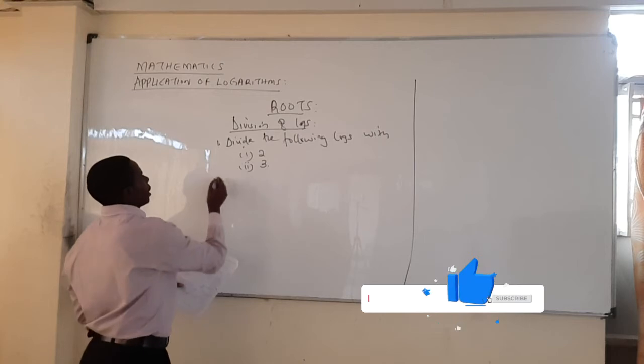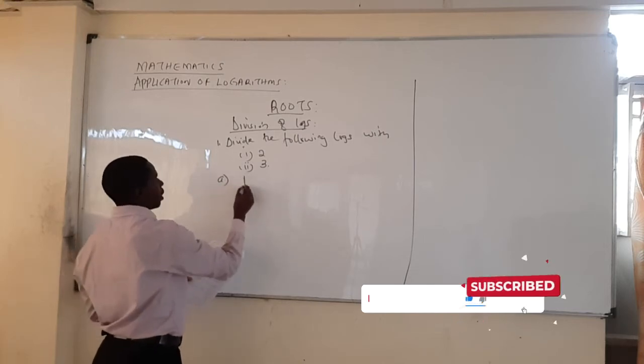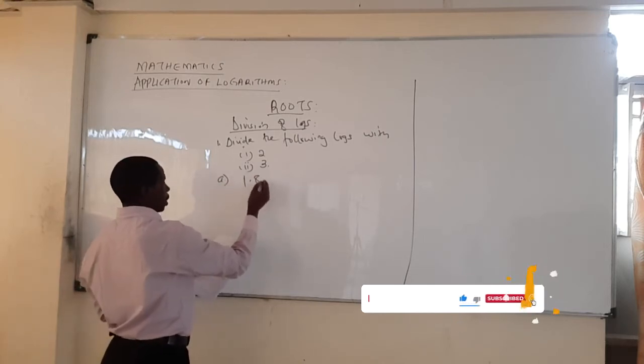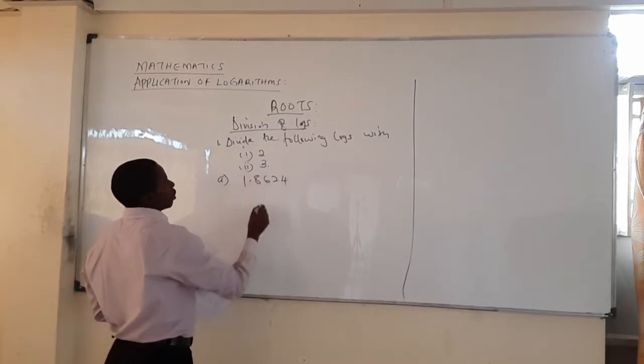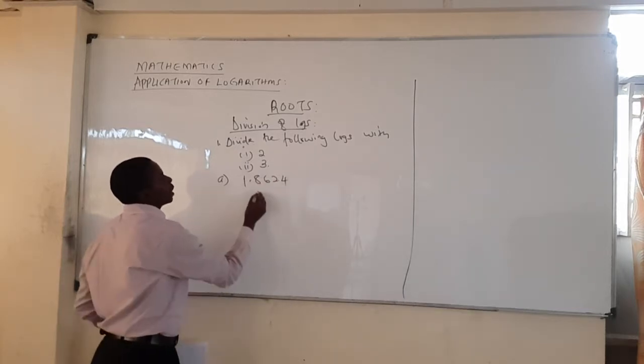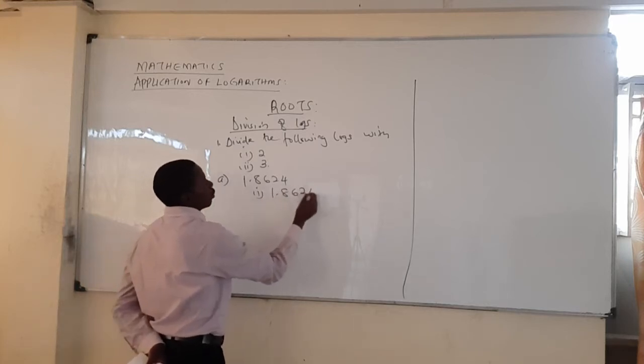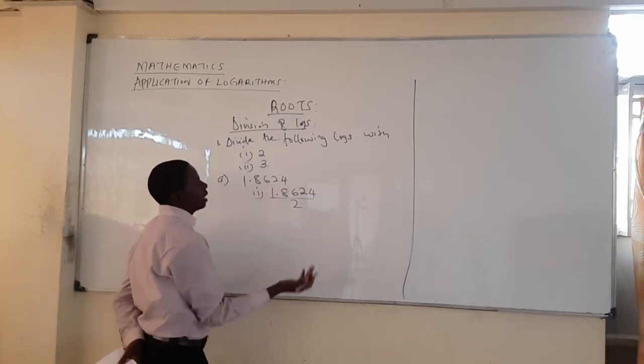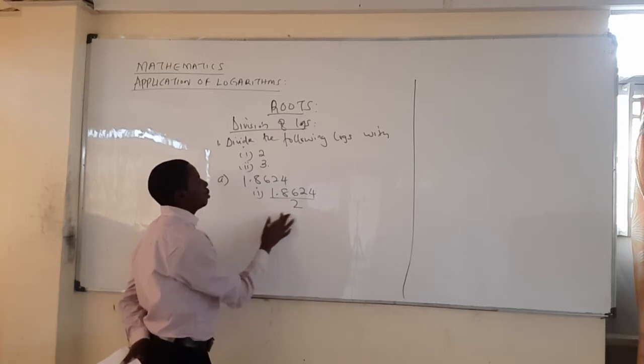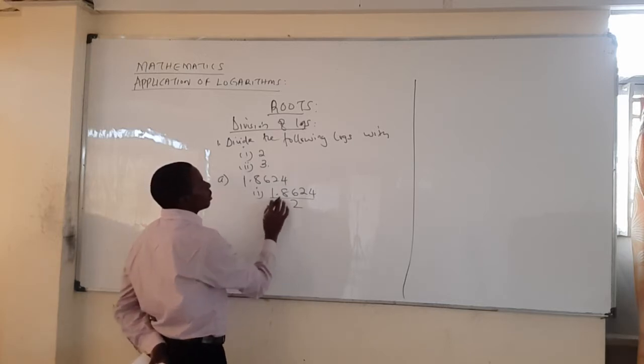For example, A, we divide 1.8624. So for part 1, we are dividing by 2. So 1.8624 divided by 2. This is just a direct one. There's no issue. Divide by 2.